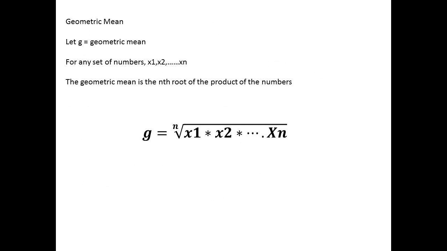Now let us look at the geometric mean. For any set of numbers, x1, x2 to xn, the geometric mean is the nth root of the product of all the numbers. So G equals the nth root of x1 multiplied by x2 multiplied by up to xn.